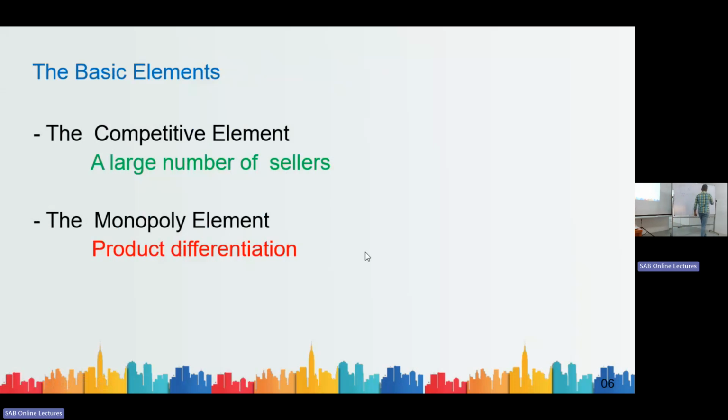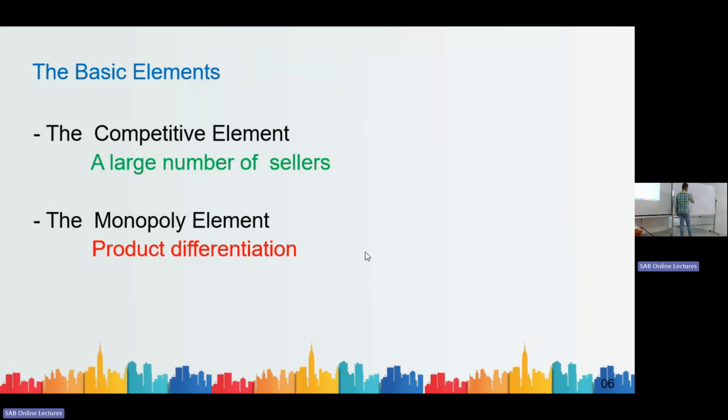As you already know, there is no close substitute for monopolists. Their product is really unique. Their product is 100% unique. But when it comes to monopolistic competition, their products are differentiated. There are close substitutes, but not 100% unique.